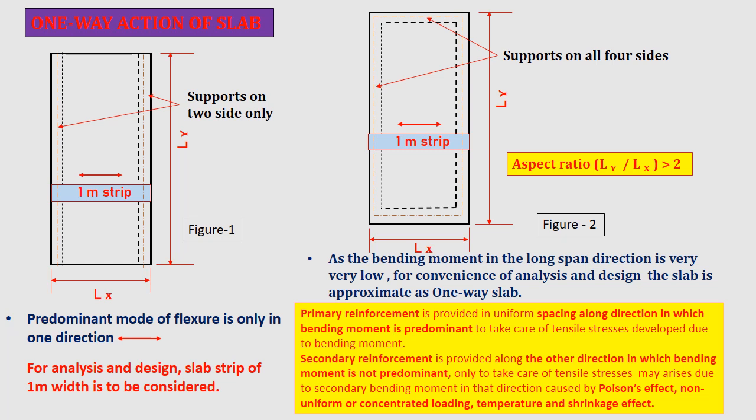And secondary reinforcement is to be provided along the other direction in which bending moment is not predominant, but only to take care of tensile stresses which may arise due to secondary bending moment in that direction, caused by Poisson effect, non-uniform or concentrated loading, temperature and shrinkage effect. And also, when we design a slab, we shall consider a 1 meter strip as shown in figure 1 and figure 2.